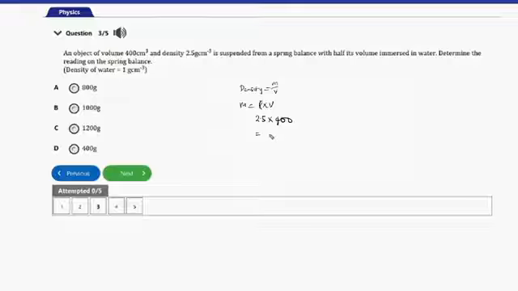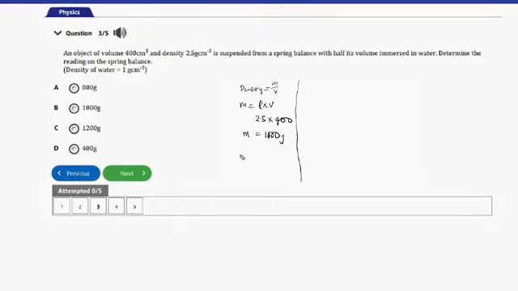In that case, we're going to have 2.5 grams per cm cube times 400 cm cube, and that's going to be 1000. So the mass of this is 1000 grams.